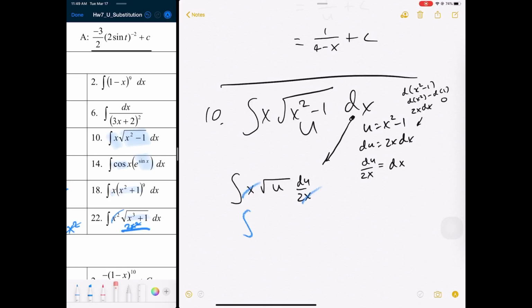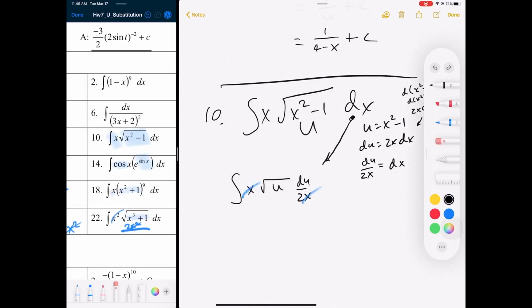We need to be all speaking the same language here. If not, it's not going to work. Integral, square root of u du. And this 2 here, we're going to write that as a 1/2 in the front because that's on the denominator.